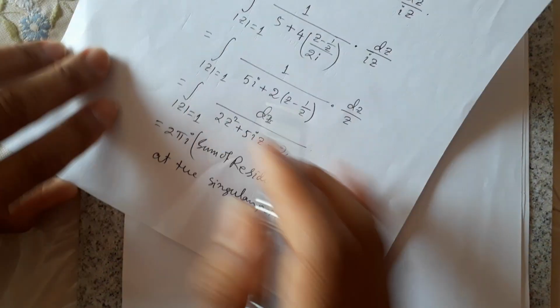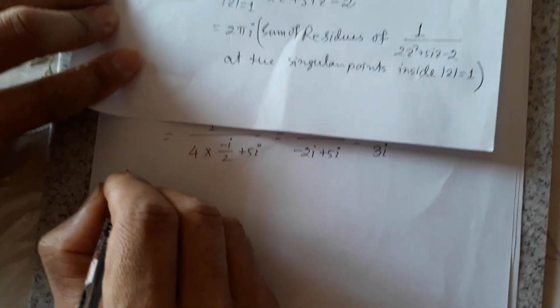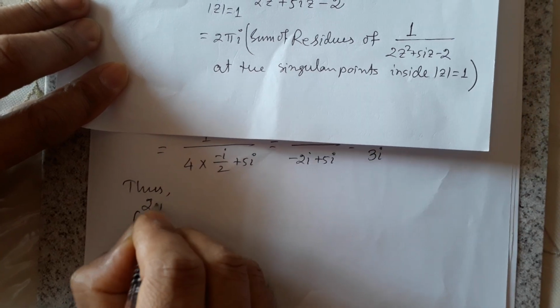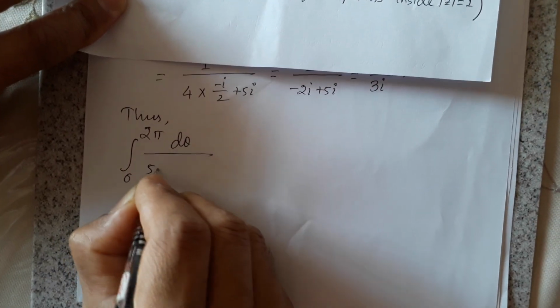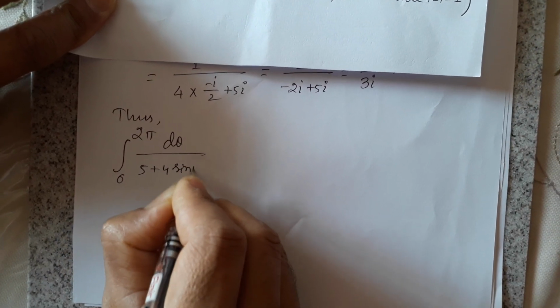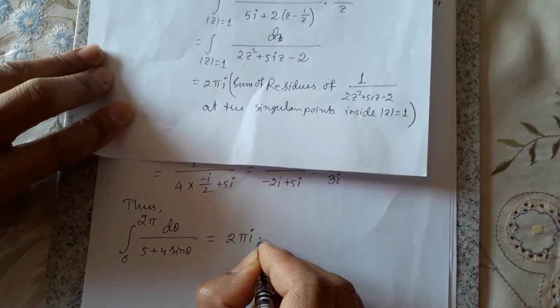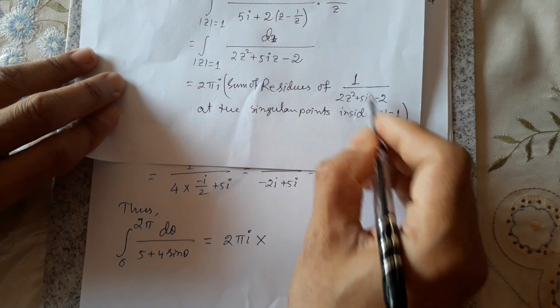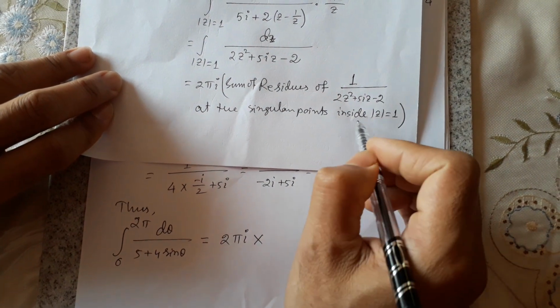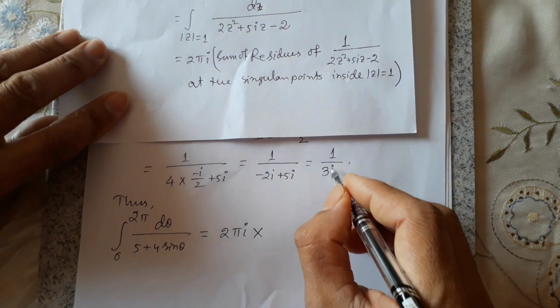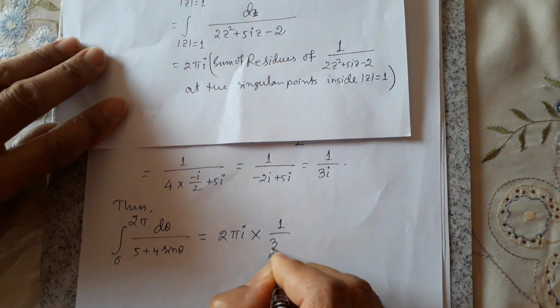Thus from this equation, the integral from 0 to twice pi of d theta over 5 plus 4 sine theta equals twice pi i times the residue of this function at the singular points which are inside. There is only one singular point and we got the residue as 1 by 3i.